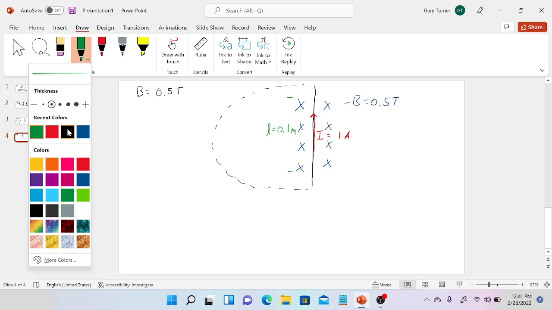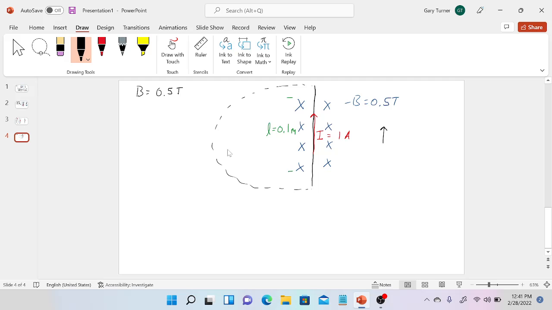And the last thing we need to do is define a coordinate system. So let's let upward be y. Let's let x be to the right. And then we would have z into the board. Oh, I'm sorry, z out of the board.